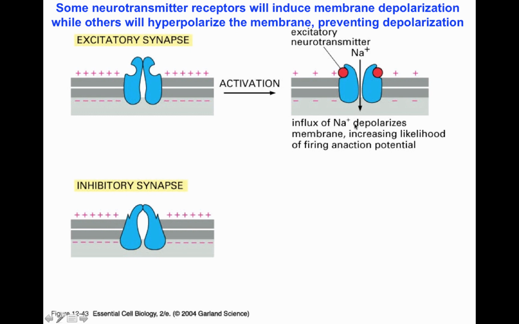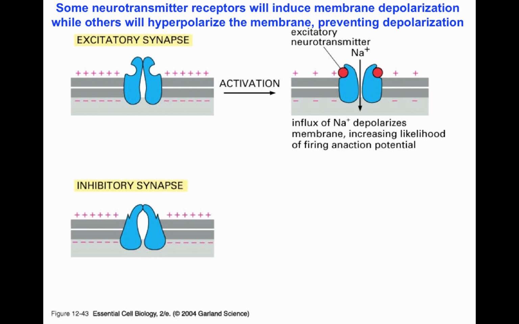That influx of sodium ions is going to depolarize the membrane, increasing the likelihood of an action potential being generated. Remember that there's also always a threshold that needs to be surpassed to generate that action potential.